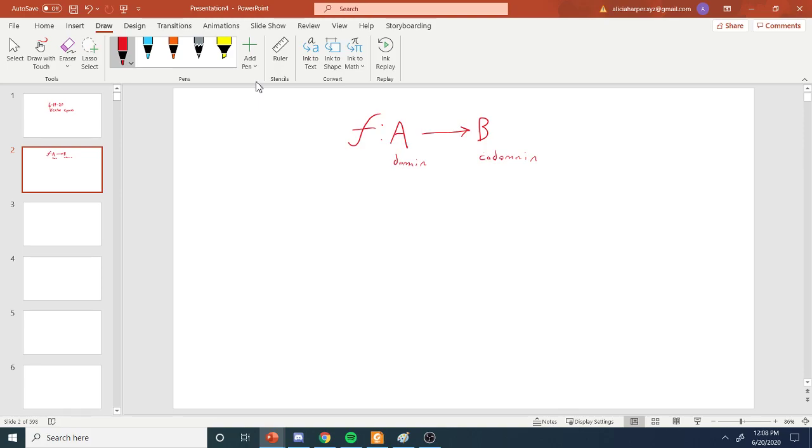In linear algebra, we are concerned with special kinds of functions, and these special kinds of functions, we call them linear.